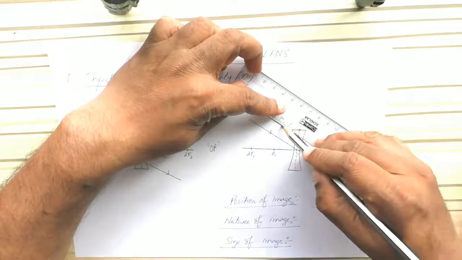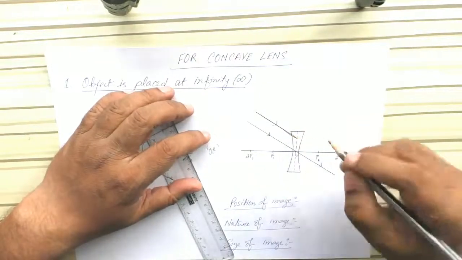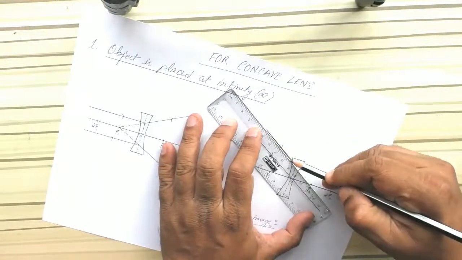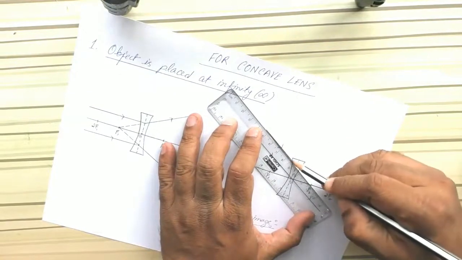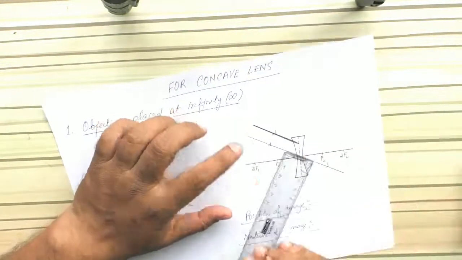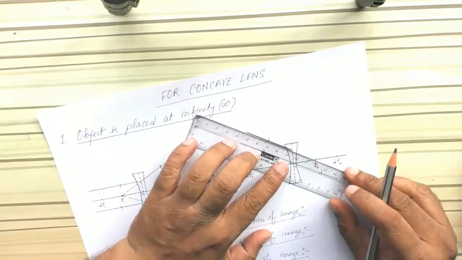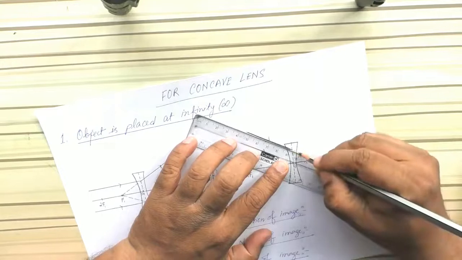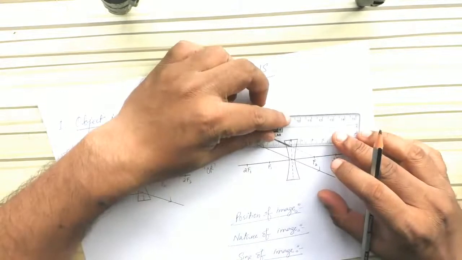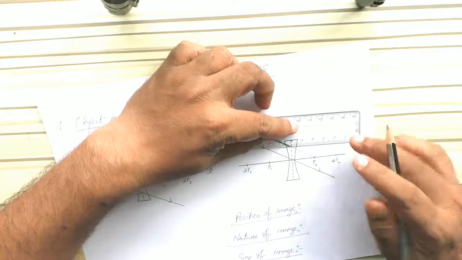But we know, according to the rule, this light ray which appears to converge at focus cannot reach focus. It will become parallel to the principal axis. We are showing the convergence at focus f2. But after refraction, this light ray will become parallel to the principal axis.